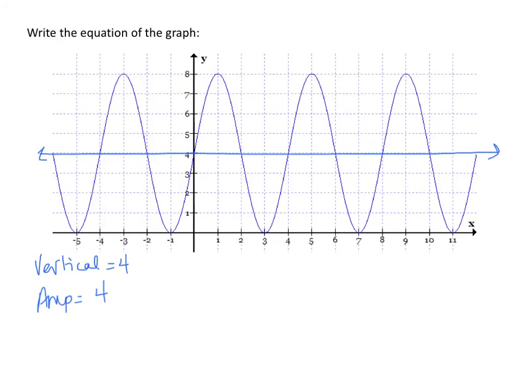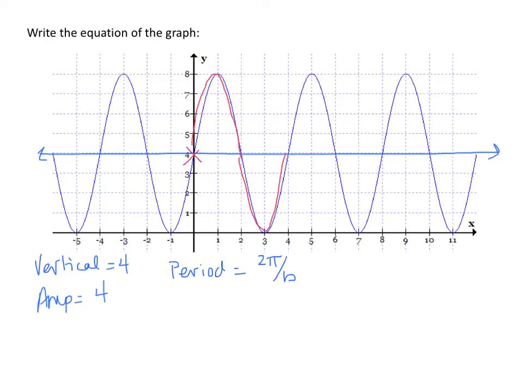But what we need to remember is that the period of the graph is equal to 2 pi over b. So what we need to do is figure out the period of this graph. If I start here at 4, I go up. Yes, I have hit 4 again, but remember I haven't gone through a full cycle, and I'm back.